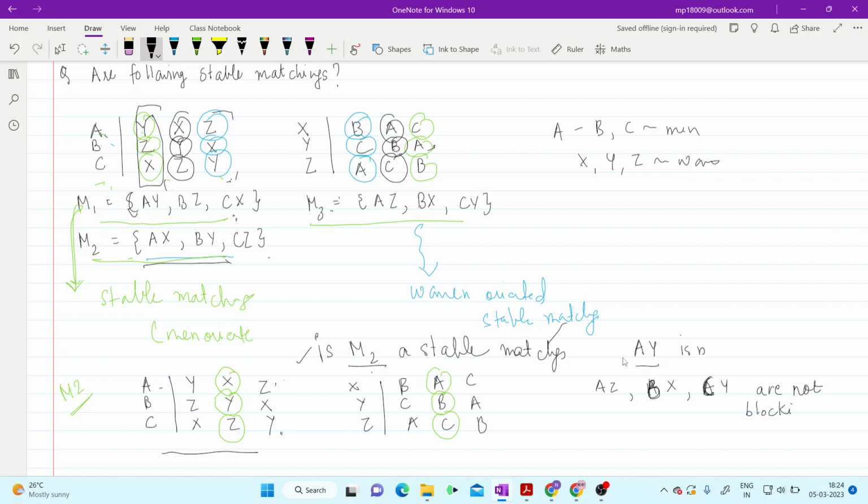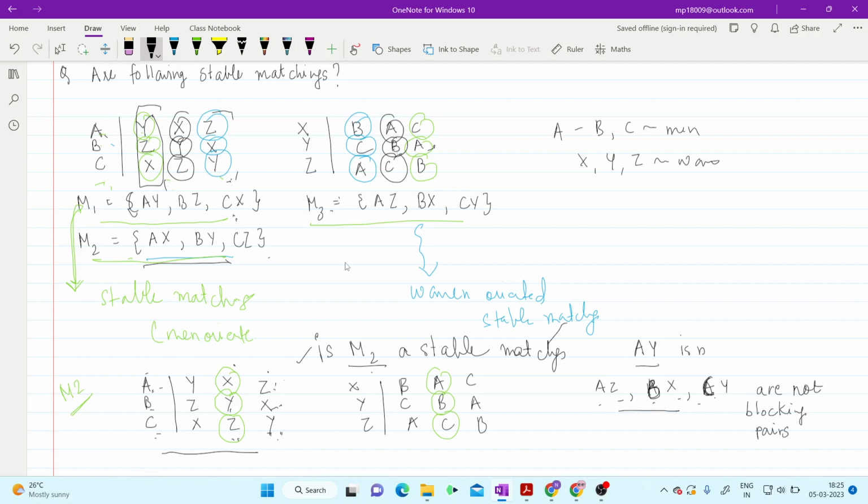Is this fine with everyone? Why are they not blocking pairs? AZ is not a blocking pair because A prefers X over Z. BX is not a blocking pair because B prefers Y over X. And CY is also not a blocking pair because C prefers Z over Y. In all these cases A, B, C are happier with their assigned choices than these ones. Therefore they are not blocking pairs.